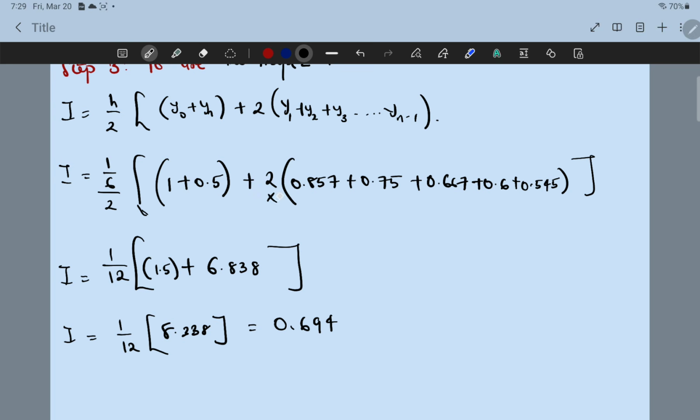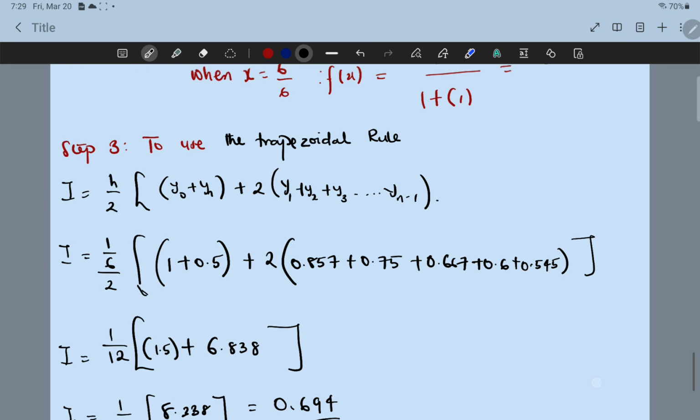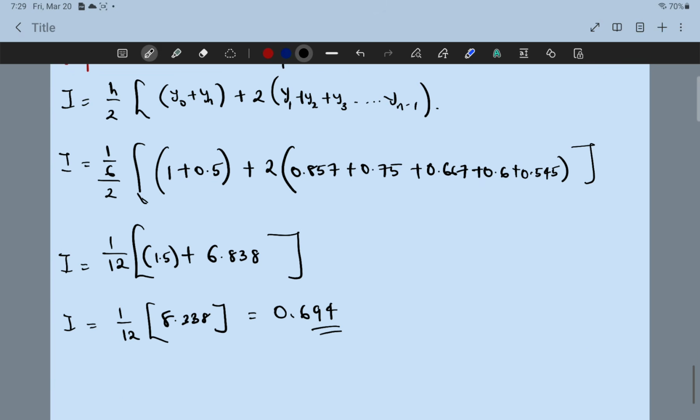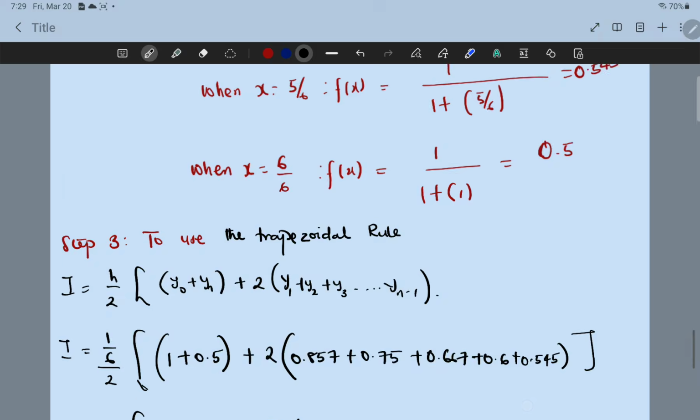When you multiply it by 2, I believe you're going to have 6.838, right? And then you add these two up. When you add them up, you're going to have 8.338, and then you divide by 12. That's going to give you 0.694.